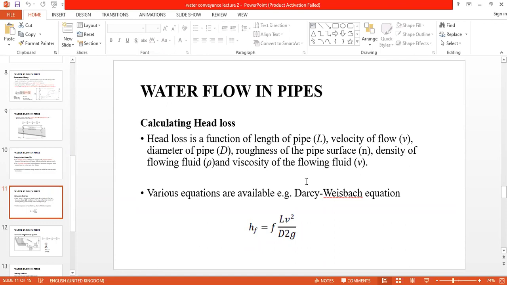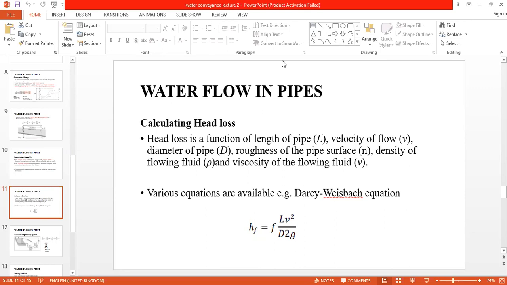So if you have a smaller diameter, the friction will increase. Then if you have a bigger diameter, the friction will reduce. Similar with the roughness of the pipe, the rougher the pipe, the higher the friction.